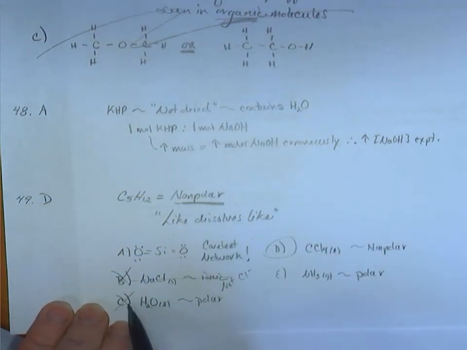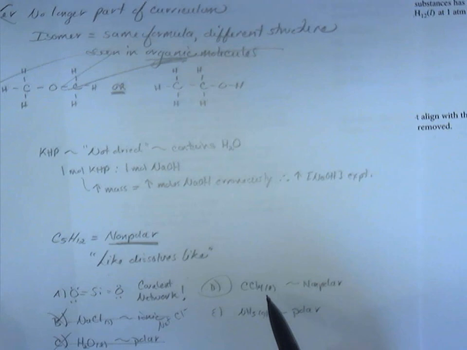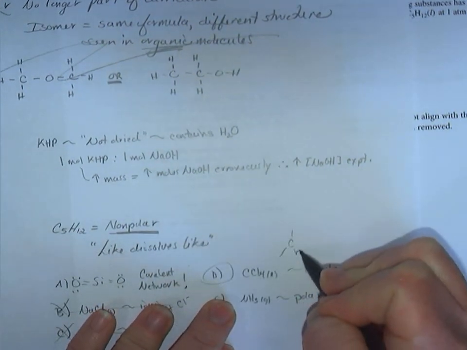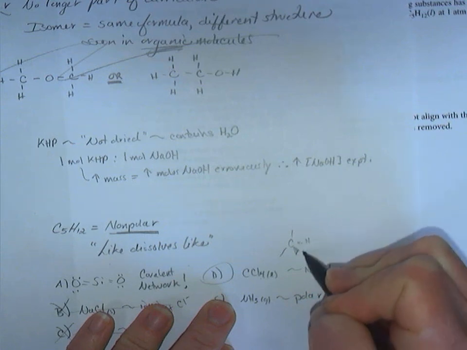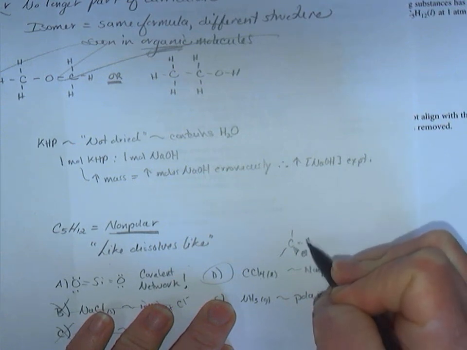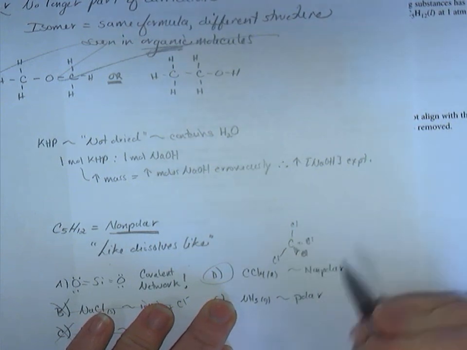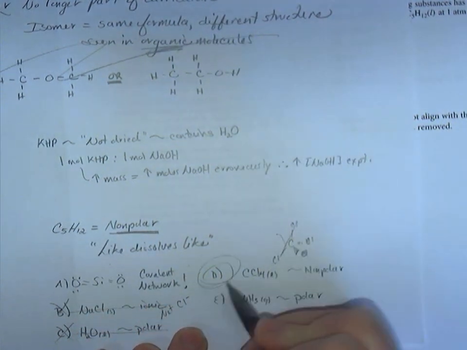Water, of course, polar. Carbon tetrachloride. Remember, that's one of the molecules that is good for us to just know. Oh, these are chlorines. Along with methane, this is nonpolar. And this, of course, is polar.